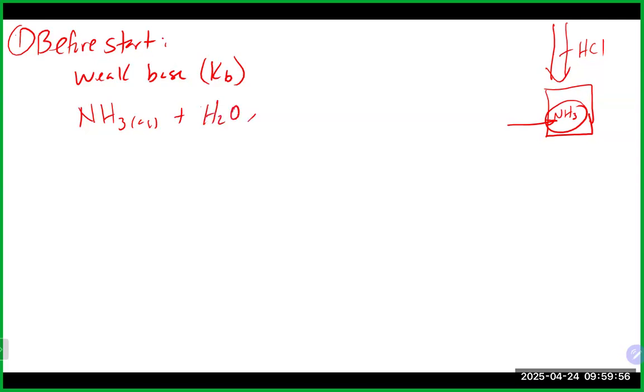And remember, when you have a base, you should probably include the water. It's going to accept the H plus. The result of that is you'll make NH4 plus and OH minus, which once again, you could keep together or break apart. In this case, this is just going to be a regular ICE table.